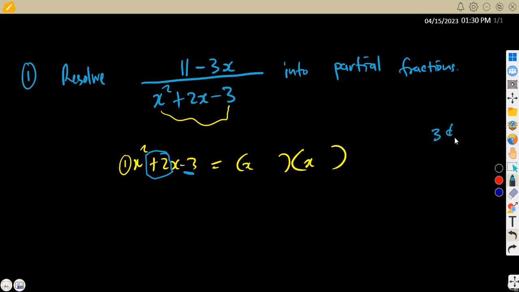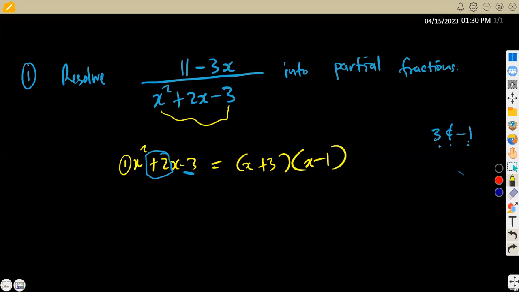We've got 3 and -1. 3 times -1 is -3, and 3 plus -1 is +2. So we have 3 and -1, which means we can factorize this denominator into 2 brackets, x plus 3, x minus 1, or x minus 1, x plus 3, depending on the way that you want to have it.